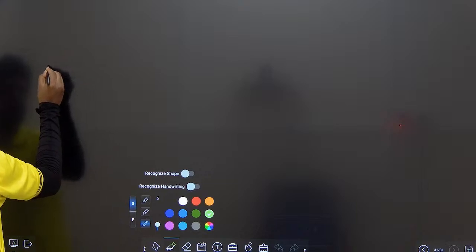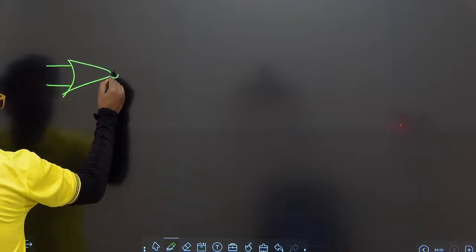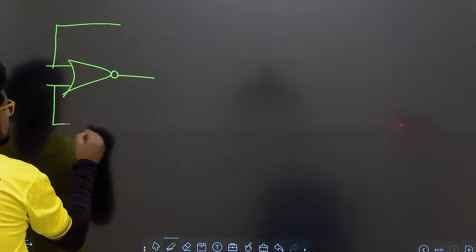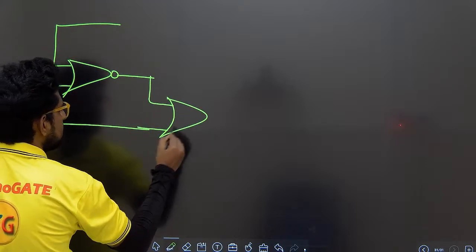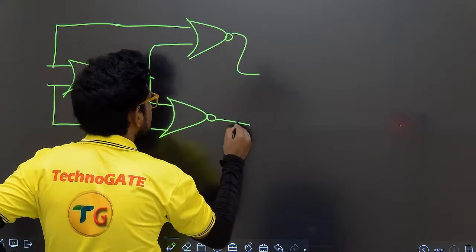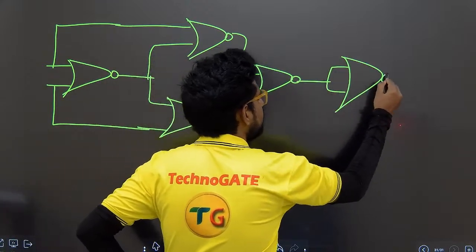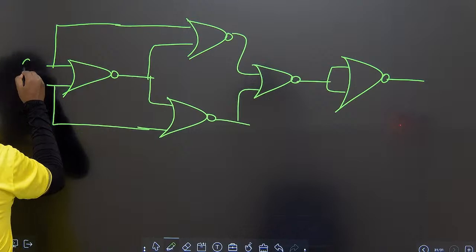let me give you the next structure. Try to analyze this. So A and B are the inputs.